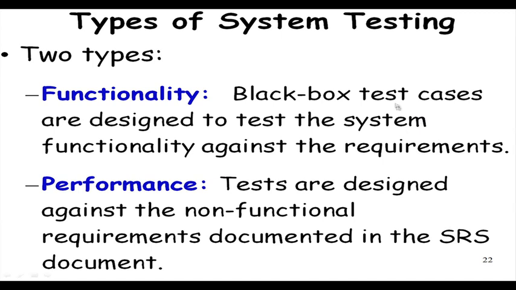So, in all the system testing, there are basically two types of tests that are carried out. The functionality is tested as specified in the SRS document, and the functionality is tested as black box testing, because these are the specification of the functions, and we know how to design black box tests for a function.